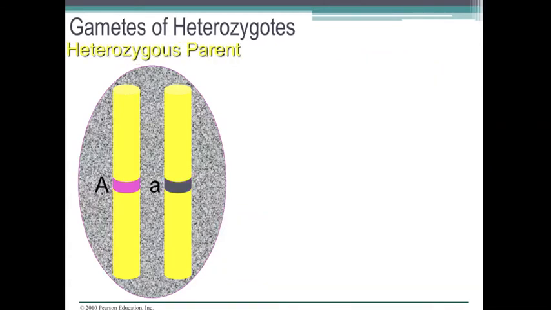Now we're going to look at a heterozygous parent. That means that it's got an uppercase and a lowercase for the same allele on the same chromosome, so they're a homologous pair. But it has to split apart to form the gamete.